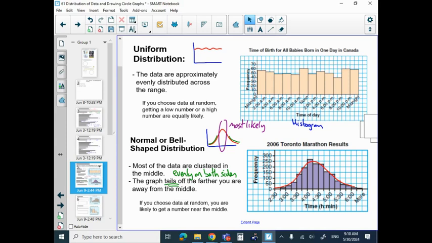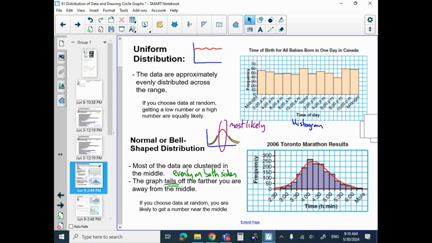In this case, it was marathon times. There's a typical time it takes people who do marathons, and some people do it faster because they're in great shape, and some people do it longer because they're not as in shape, or they're doing it as a bucket list goal but not really shooting for a certain time.